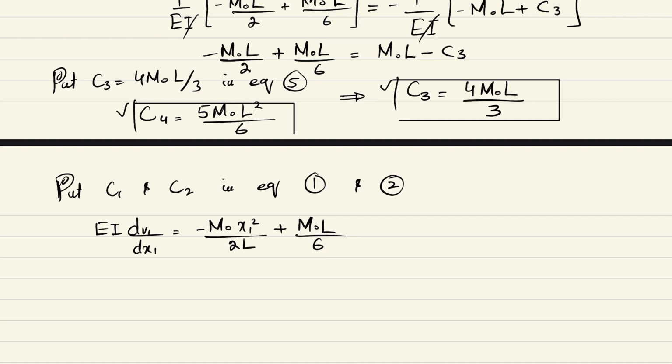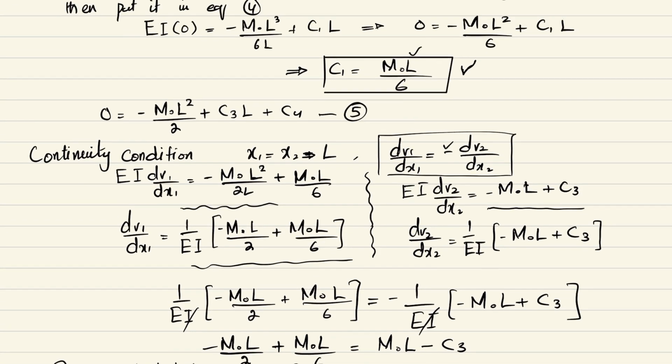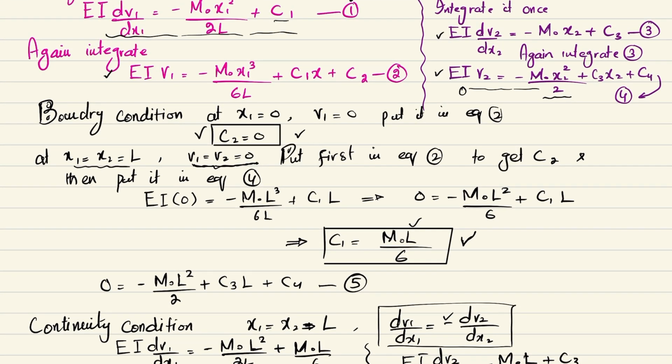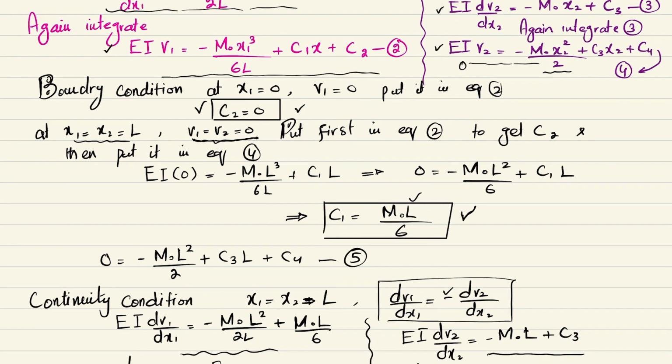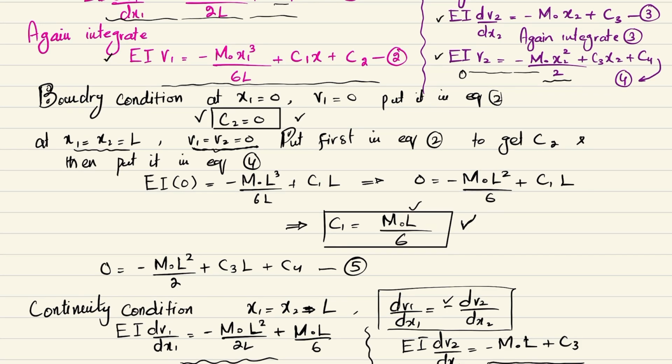And if you put C1 and C2 in equation number 2, which is the equation of the elastic curve, after putting this, you will get C2 is equal to 0.